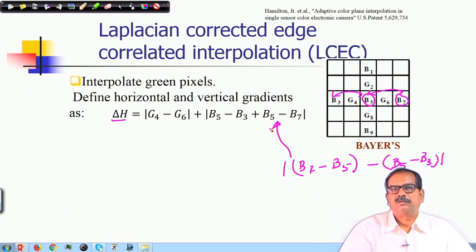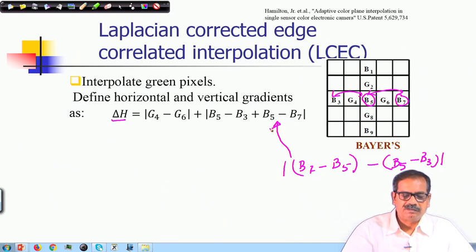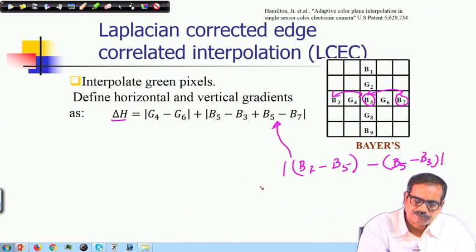So, this is how you are estimating the second order derivative from the blue channels. As we mentioned in the very beginning of today's lecture, there is a high correlation in the higher order derivatives across the channels. So, we are assuming that the same derivatives should also be observed in the green channel, and you can estimate it from the blue channel. This is how the gradient is estimated along the horizontal direction.